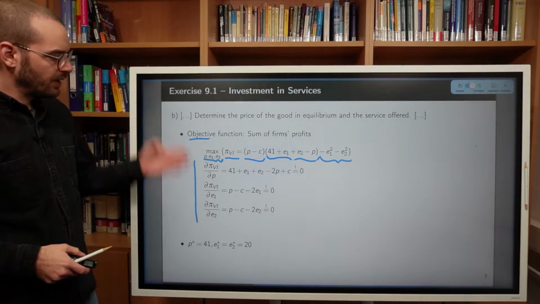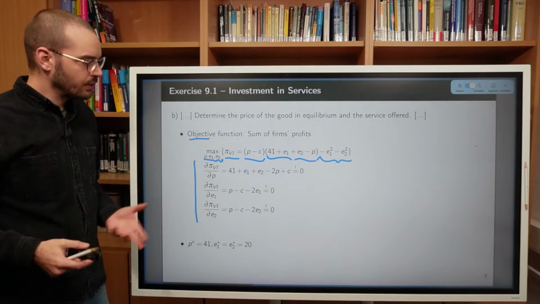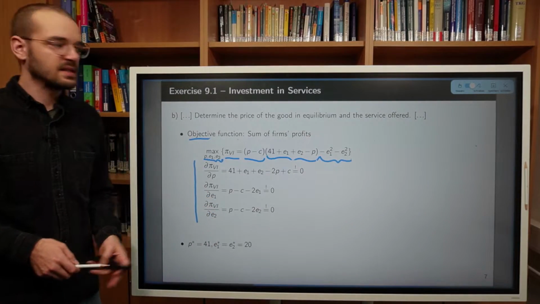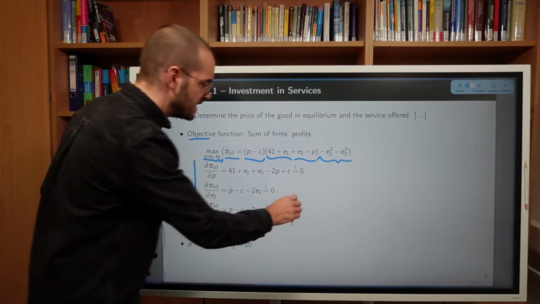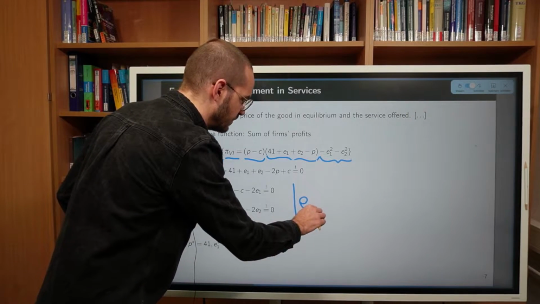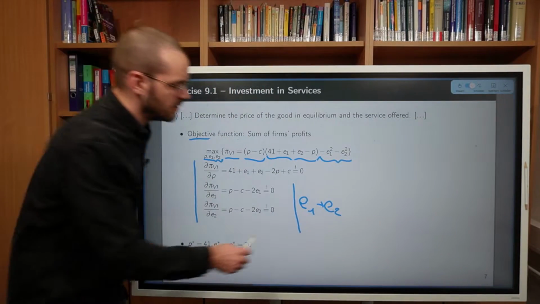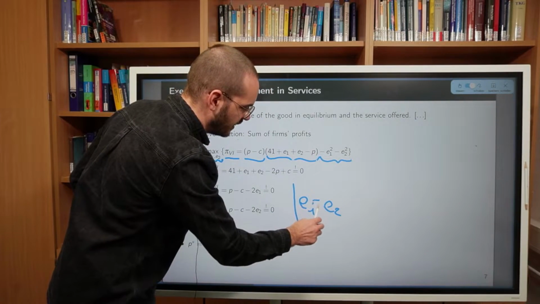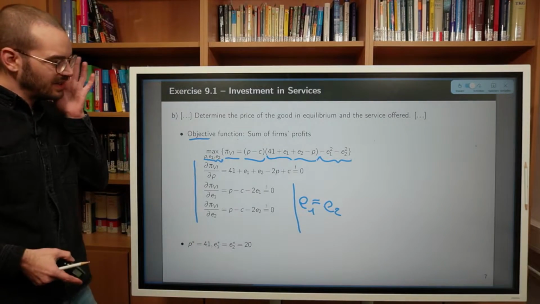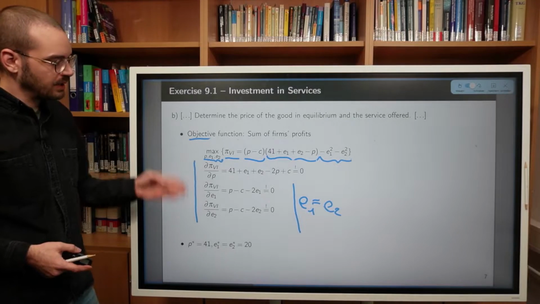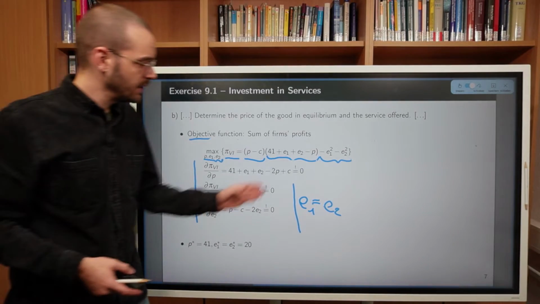If we do so, now we have three equations with three unknown parameters. We can make our life easier by knowing that this is a symmetric problem with regards to the amount of services provided. So we can immediately tell that E1 must equal E2 in this setting, which simplifies the equation system we have.